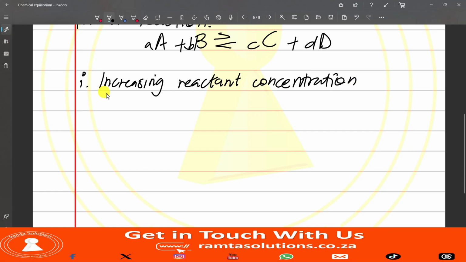We're going to show you how we use Le Chatelier's principle to explain how equilibrium will react.